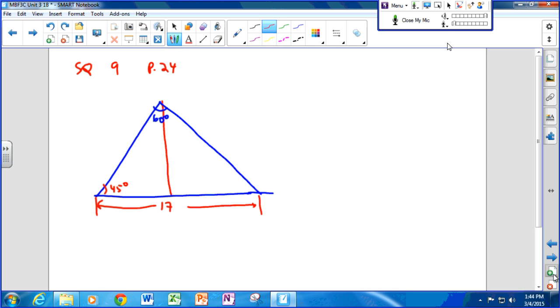Can you assume that this tower right here is exactly in the middle of the 17 meter distance there? In some cases, you really can't because of what the situation tells you. But in a case like this, let's take a look. Could we solve it without making that assumption? You know what? I think we can solve it without making any assumptions.